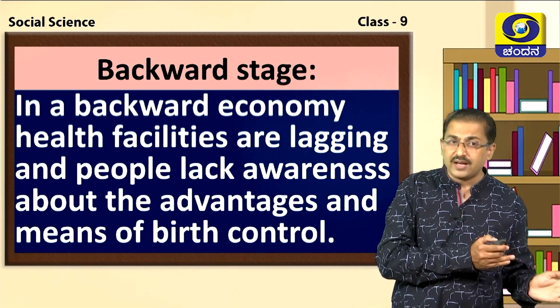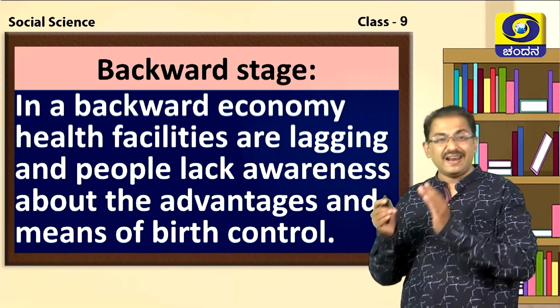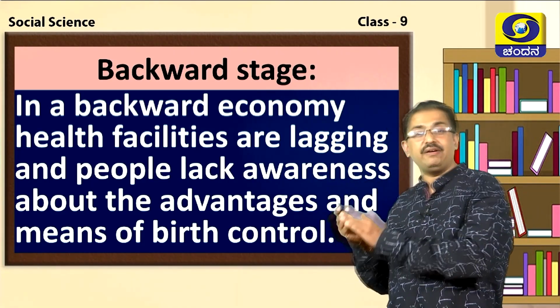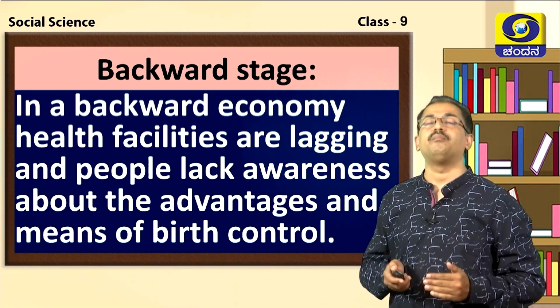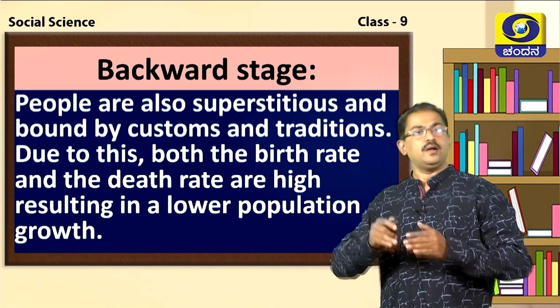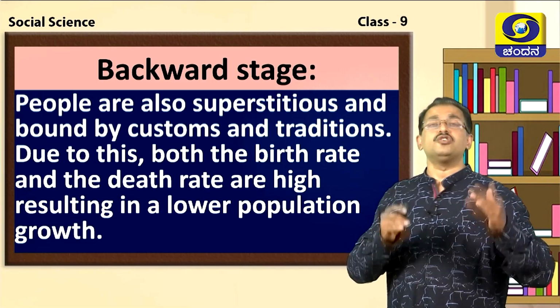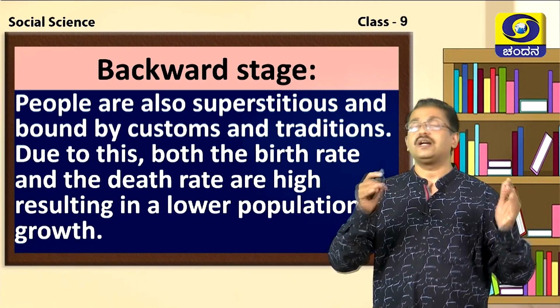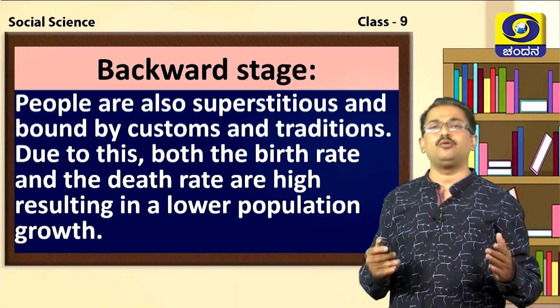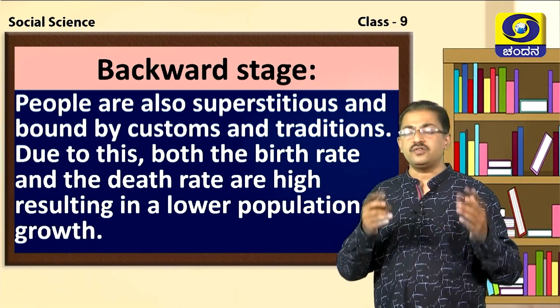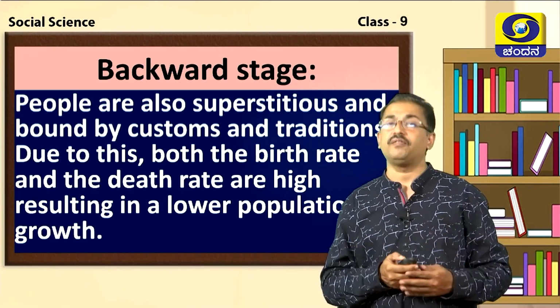In a backward economy, health facilities are lagging and people lack awareness about the advantages and even the means of birth control. People are also superstitious and bound by customs and traditions, and they don't follow any advisors, so they just consider children as a gift of God.